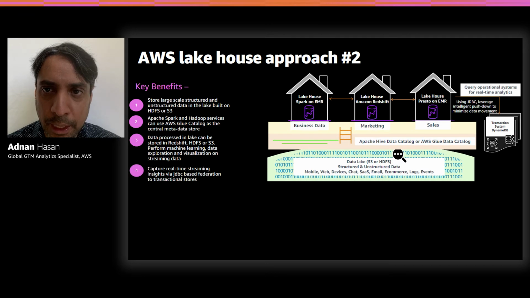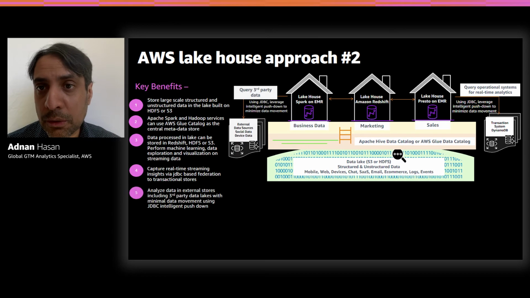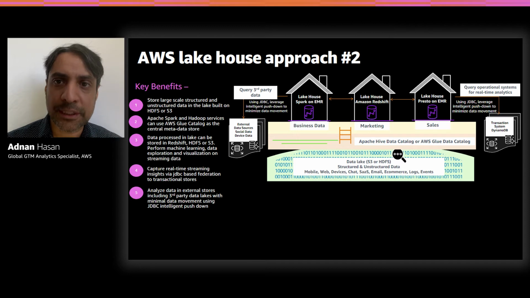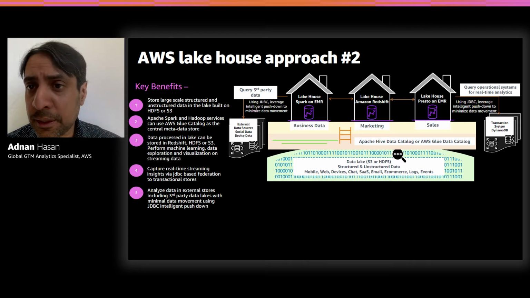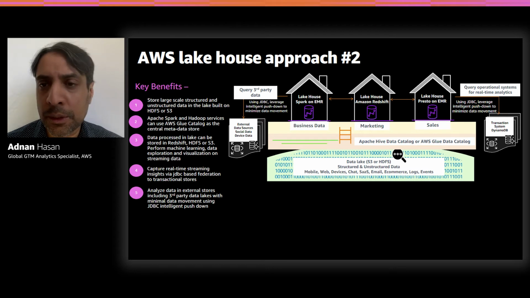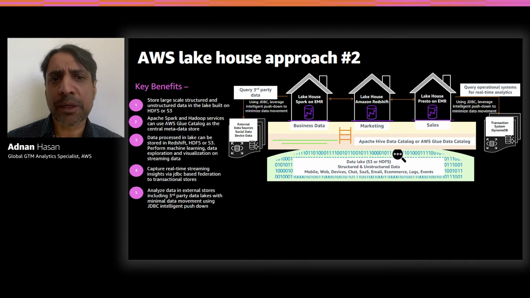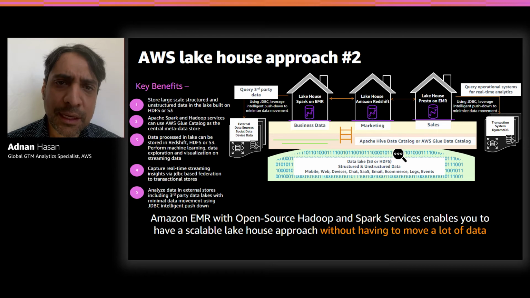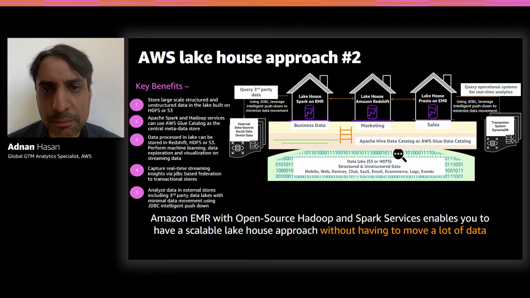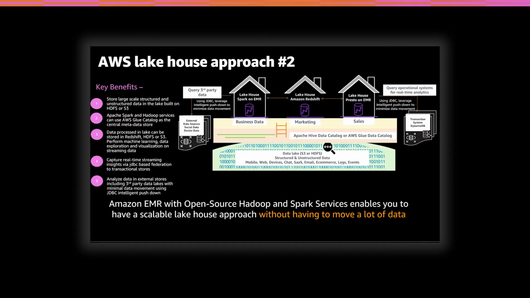And you can also enable real-time analytics by querying data with transactional stores or NoSQL stores like DynamoDB, or you can query other external sources as well. So this allows you to have a very extensible lakehouse approach without having to move a lot of data.